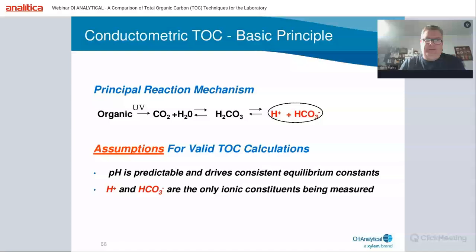Conductometric TOC basic principle: this technique shares many of the attributes as well as the difficulties associated with other techniques. It is particularly well suited for high purity or ultra pure waters with relatively low TOC concentrations.